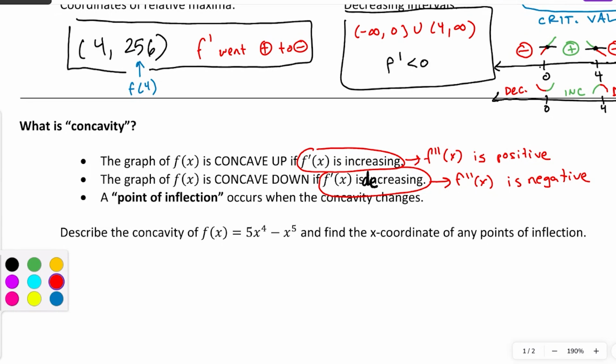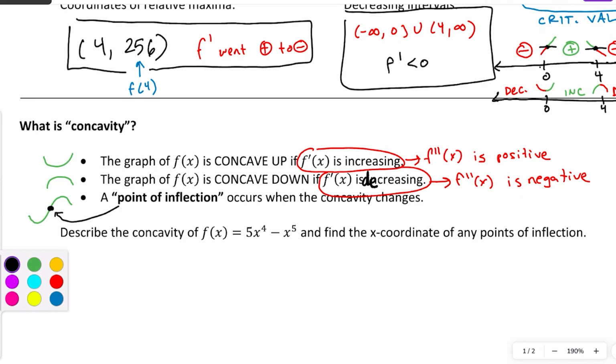This could be the signs changing from positive to negative, meaning it's changing from being concave up to concave down. Or it could be switching from concave down to concave up. Concave up is going to be something like this. Concave down is going to be something like that. A point of inflection is when we change concavity. So if you have a graph that's doing something like this, the point right here where the concavity changes, that's the point of inflection.